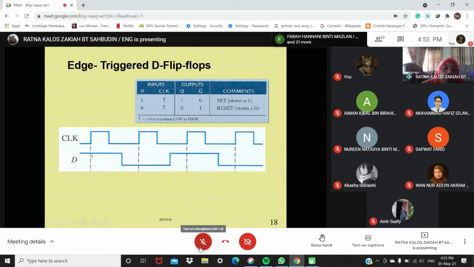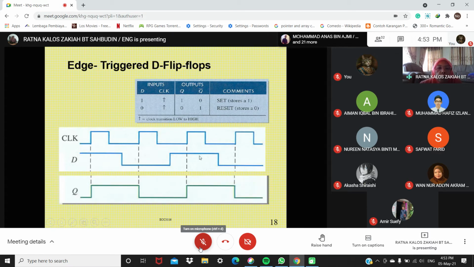So at this edge, D is high, so you have high. Then here is low, and then here is high and so on. Look at the output. This is high until the next clock, where D is low, so it goes low until this clock here. Then it goes high until the clock here, and so on. Okay, understand?